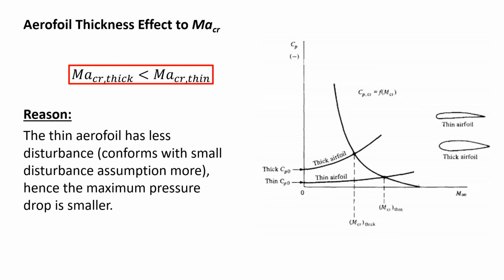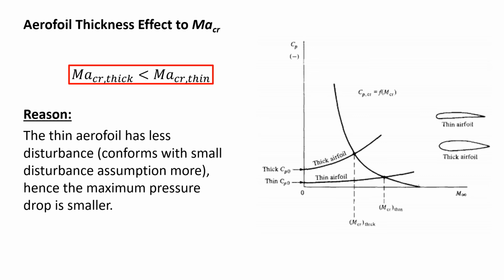Therefore, the maximum pressure drop is smaller. So using the graphical method, we can explain why the thin airfoil has a larger critical Mach number than the thicker airfoil.